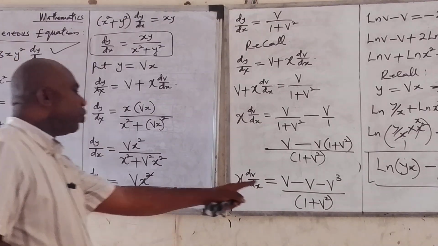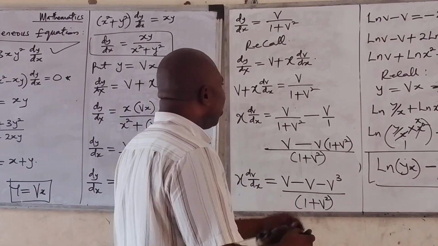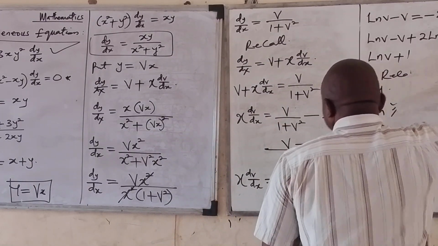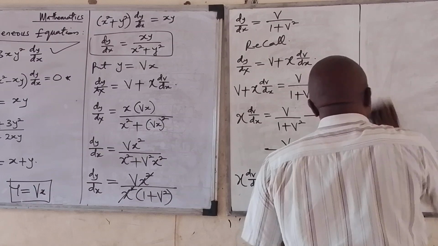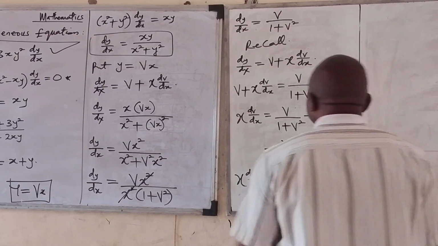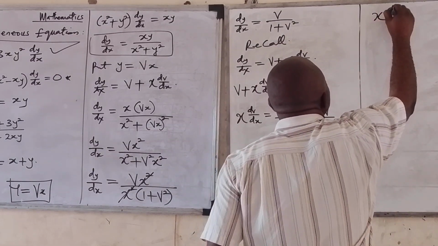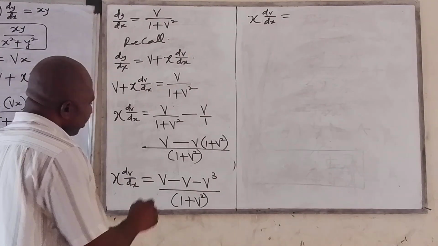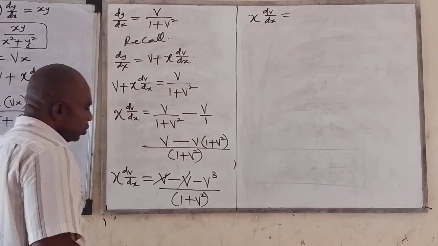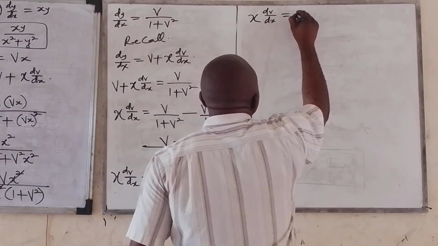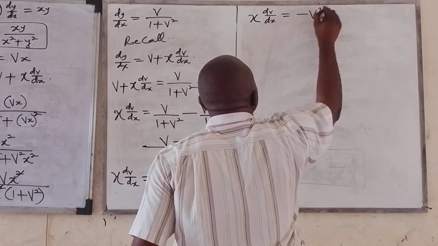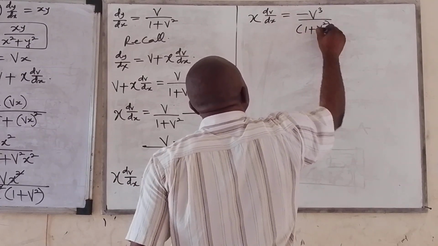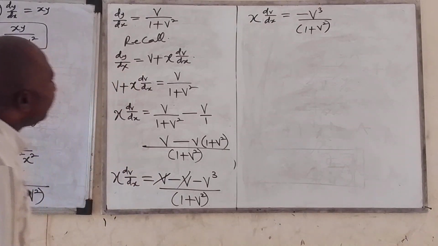Now this v will go with this v, so v minus v is gone. So we have x dv/dx equal to minus v raised to the power of 3 all over 1 plus v squared.